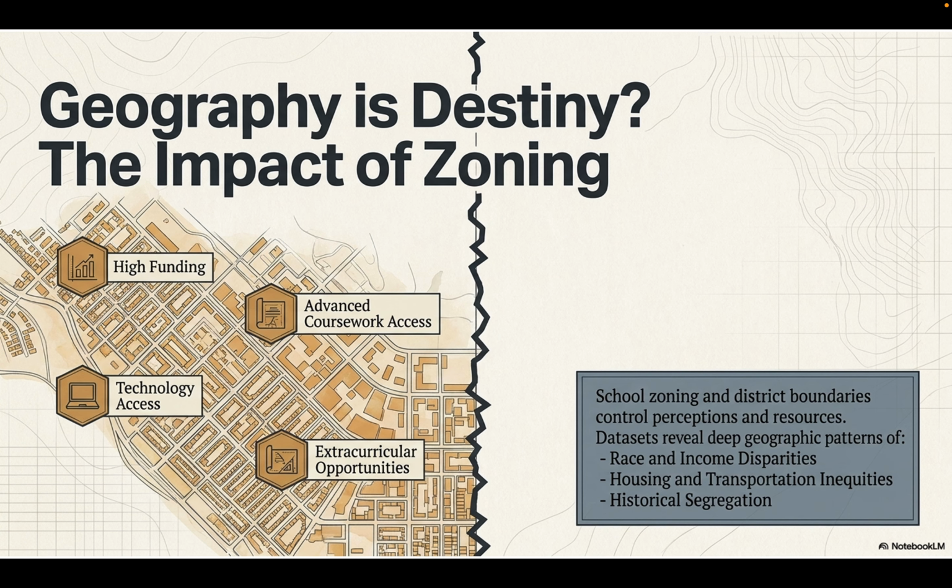So, all of these systems are deeply connected to equity. Educational data sets can help us to reveal those patterns that are related to race, income, housing, transportation, and historical segregation.